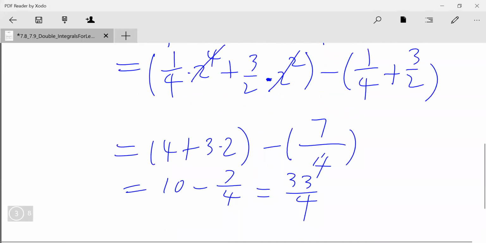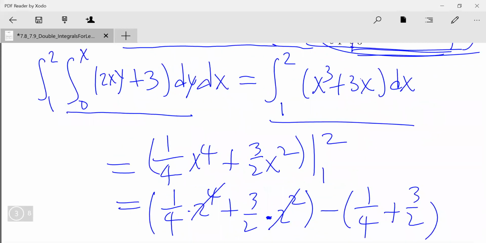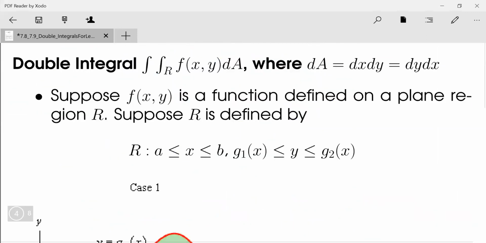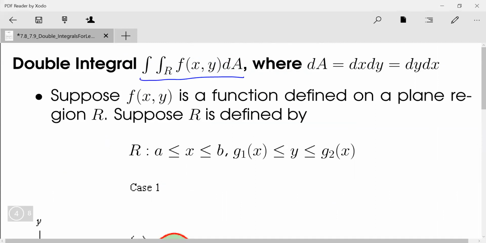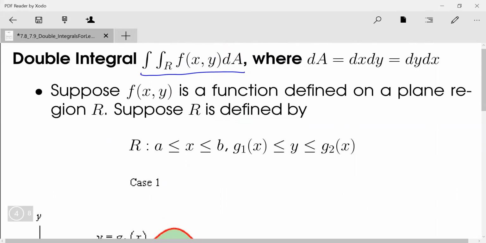Okay, so now we're going to define a double integral of this form. It's called a double integral because the function has two variables, x and y. We're going to integrate this function with respect to x and y.